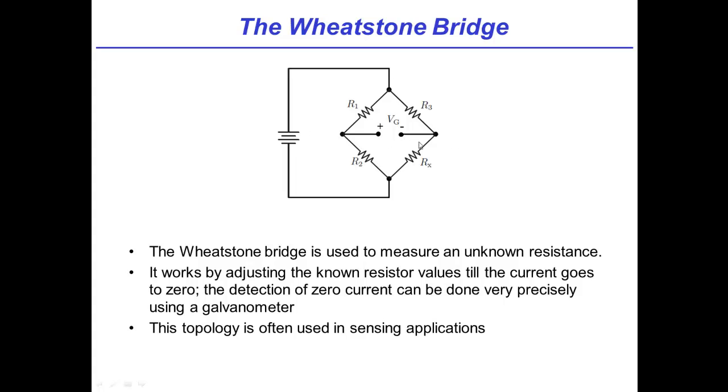Then we will have a fixed relationship between R1, R3, R2, and Rx. And so if we know R1, R3, and R2, we will know Rx.